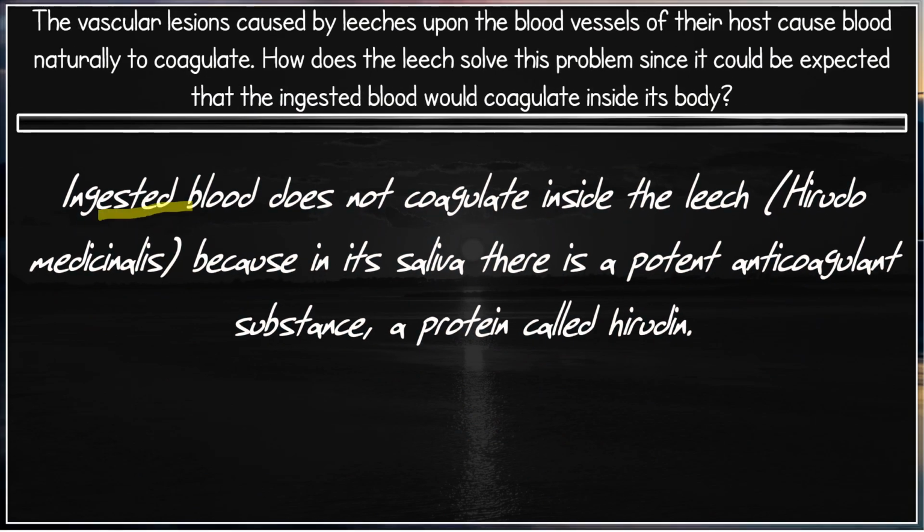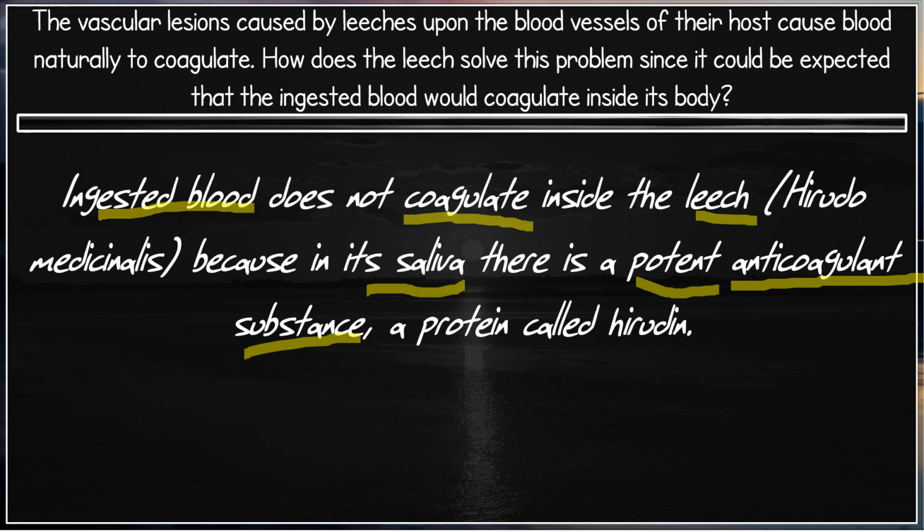The ingested blood does not coagulate inside the leech because in its saliva there is a potent anticoagulant substance, a protein called hirudin.